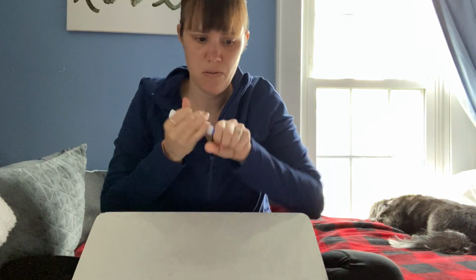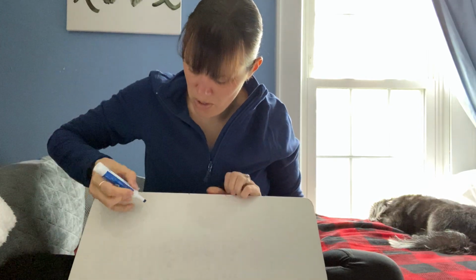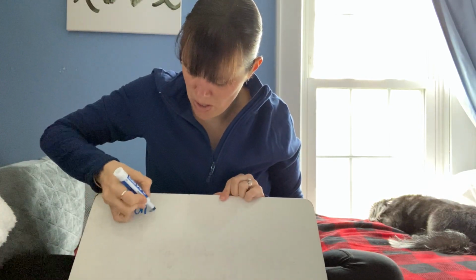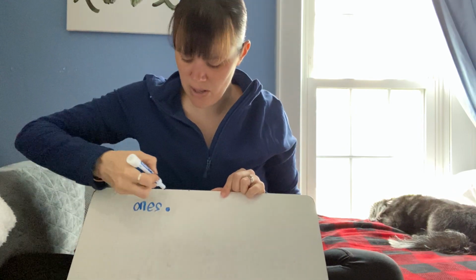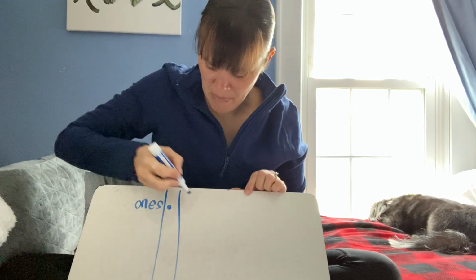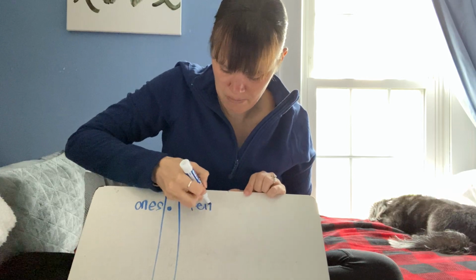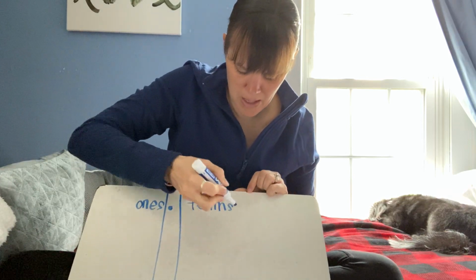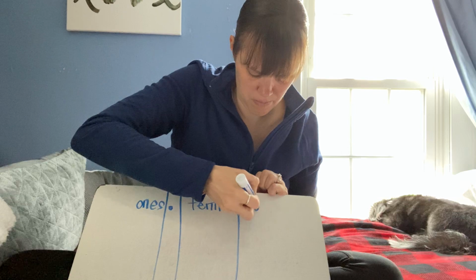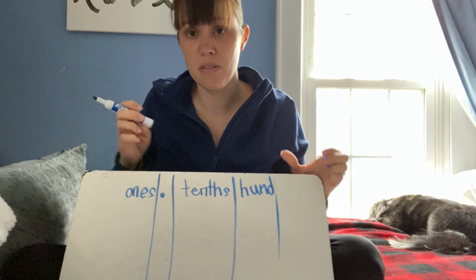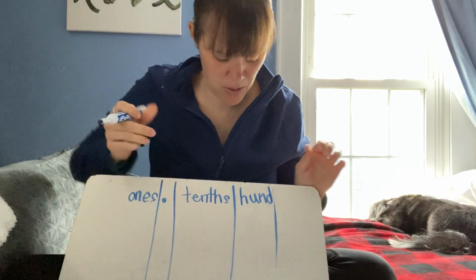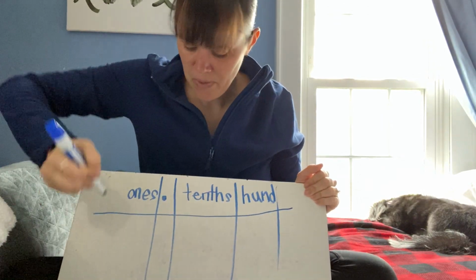Okay, so our place value chart would have ones, and I've been showing you this. And then we would have tens over here. I just kind of ignore them right now. And here we have tenths. And then we have hundredths. Okay, and then we'd have thousands and continue that way, but we're going to just leave it at this.